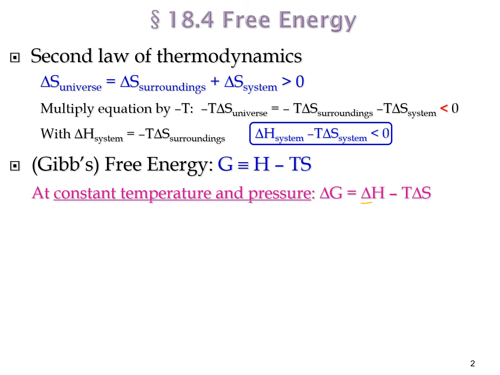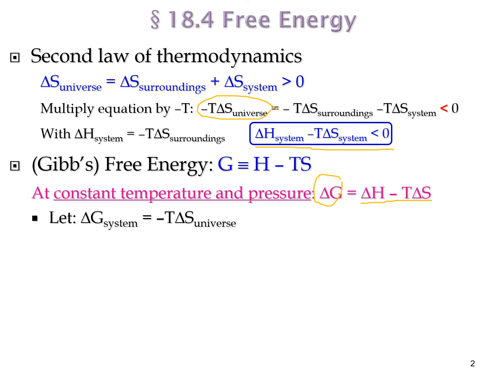We have got the delta H minus T times delta S here, and the delta H minus T times delta S here. And according to that equation, we also have something on the left, which is negative T times delta S of universe. And we do have something on the left that we call delta G, the change in Gibbs free energy. And of course, we can make delta G of the system equal to negative T times delta S of the universe.